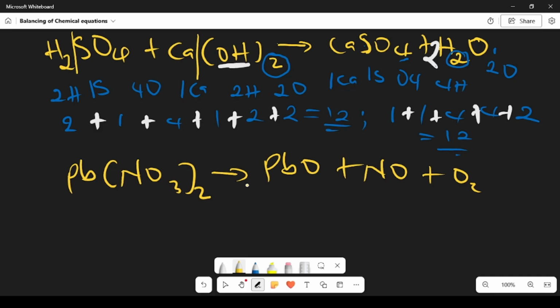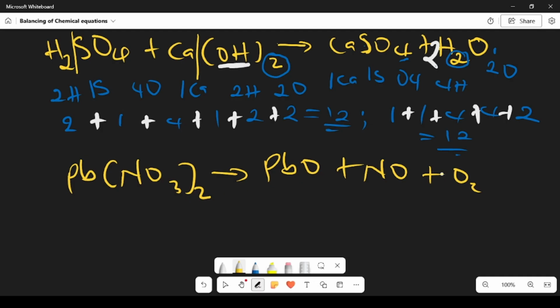That's beautiful. Now, for the product side, you have 1 atom of lead, 1 atom of oxygen, nitrogen 1, O1, and O2 here. So we have a problem. And the problem is, in the case of our oxygen, 2 times 3 here is 6. That is 6 atoms of oxygen.